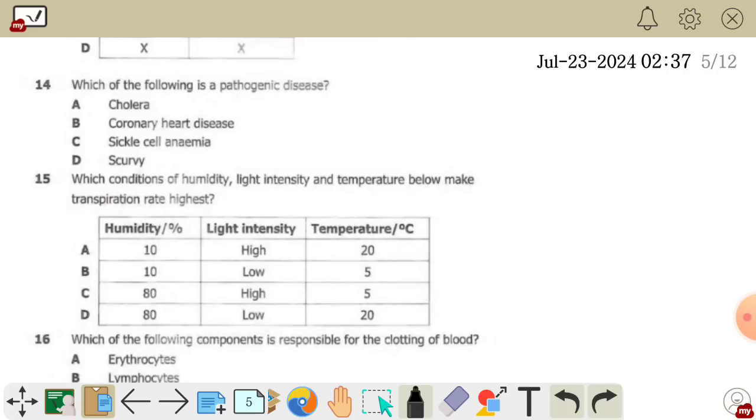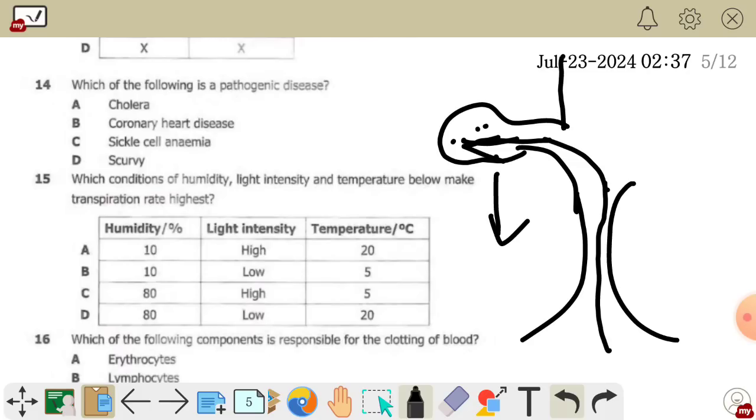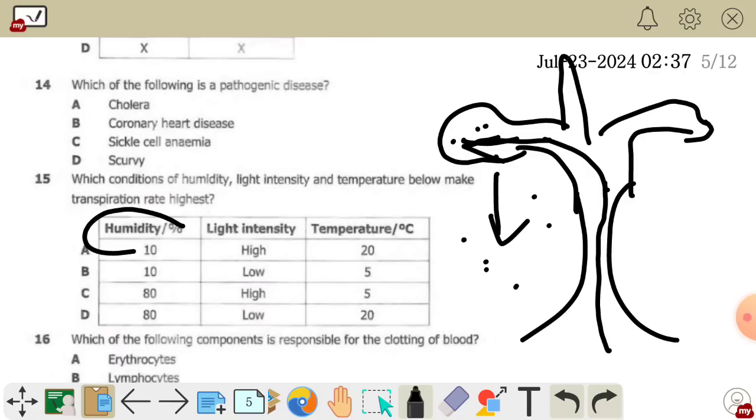Remember, transpiration is simply the process by which water is moving up the plant to the leaf. When it reaches the leaf, some of the water is lost in the atmosphere. That water vapor is what we call humidity. So if humidity is high, it is going to block the water vapor from escaping from the stomata.